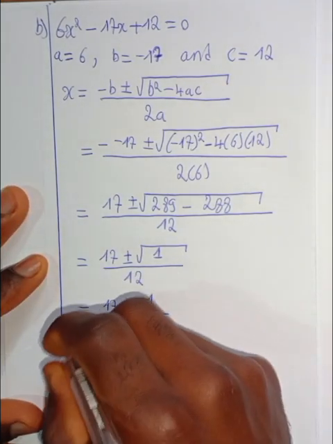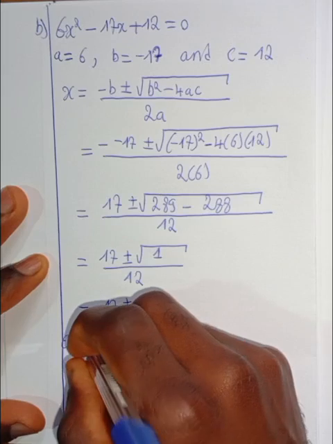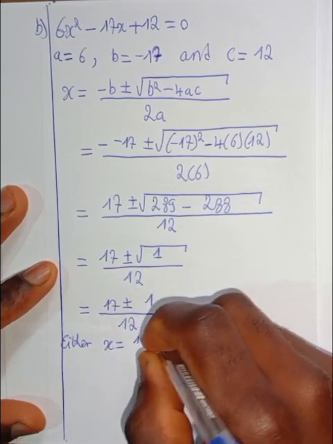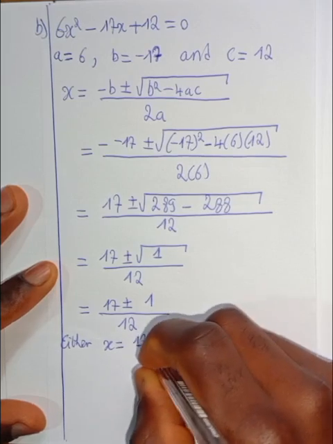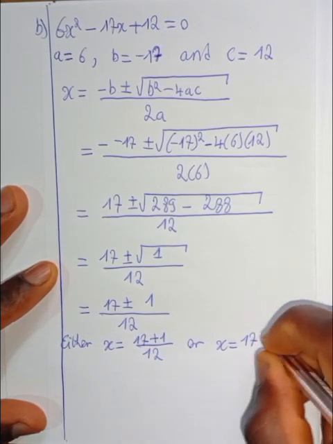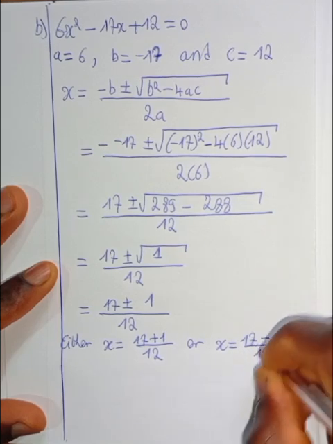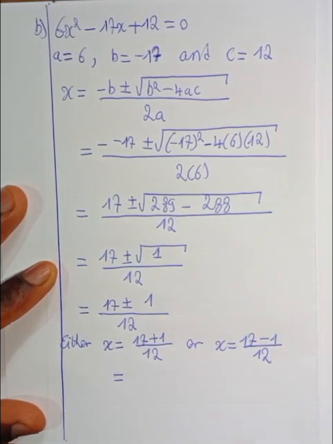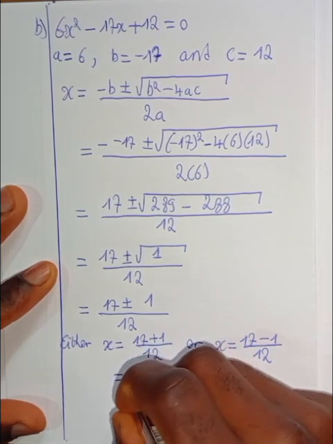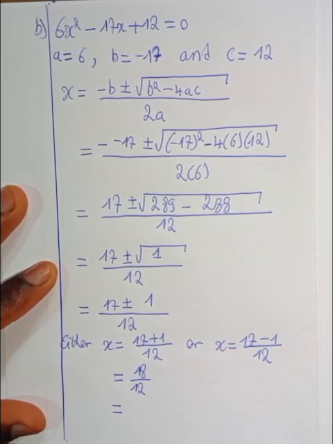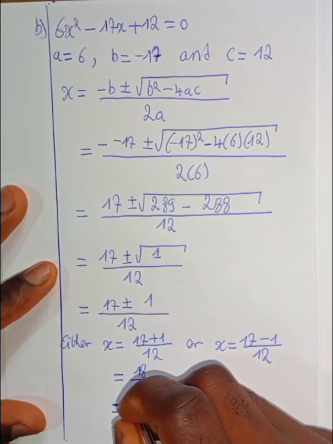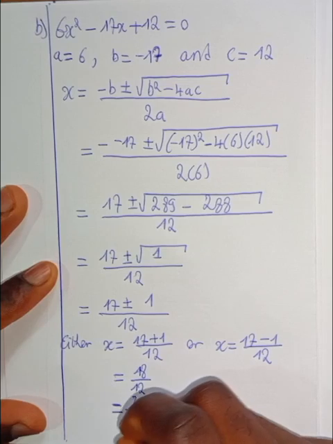It simply means that either x is equal to 17 plus 1 all over 12, or x is equal to 17 minus 1 all over 12. This will simply be equal to 17 plus 1 gives us 18 over 12. We simplify. 6 will go into 18 3 times. 6 will go into 12 2 times.